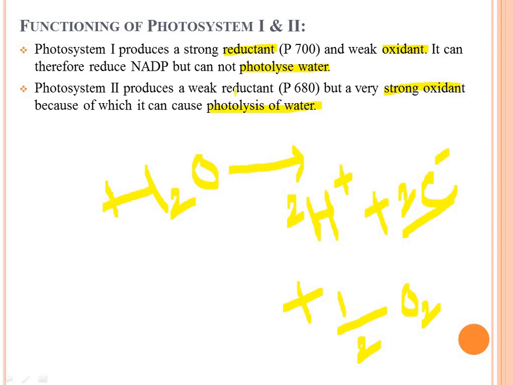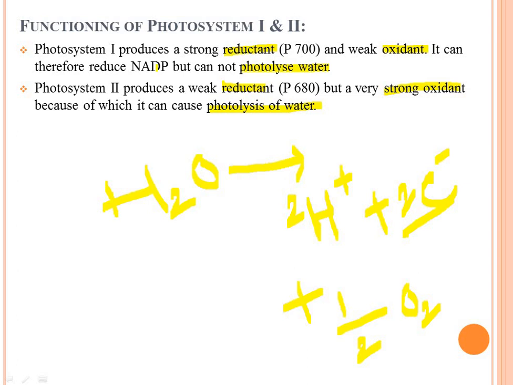And what is meant by reductant? Reductant means it reduces, meaning gain of electrons. Here water gets split, meaning it donates electrons. Therefore photosystem 2 is the strong oxidant. It photolyzes the water, while photosystem 1 is the weak oxidant, so it cannot photolyze water. Then what are the other functions of photosystem 1 and 2?